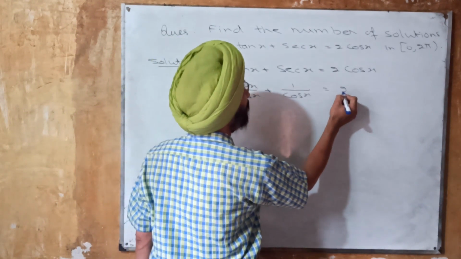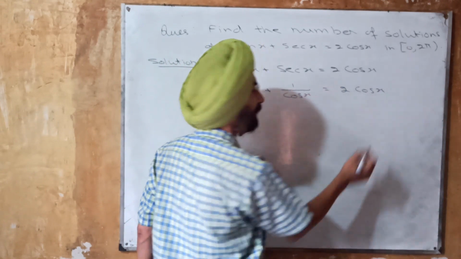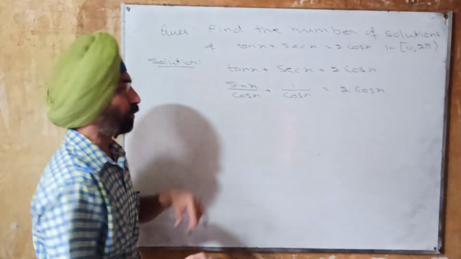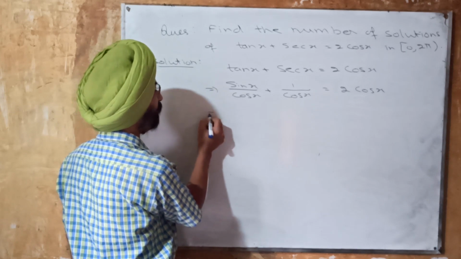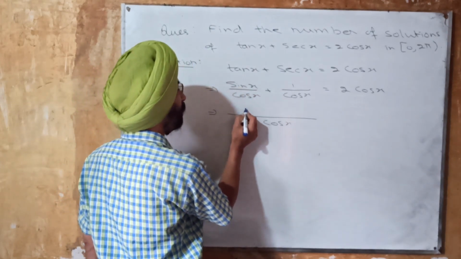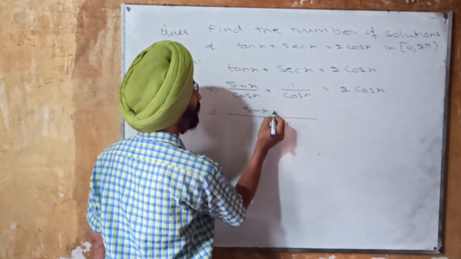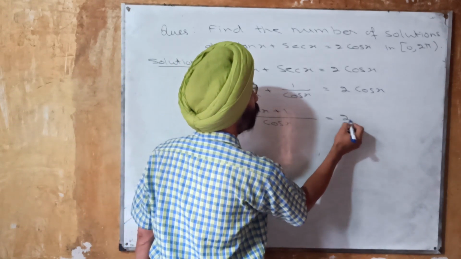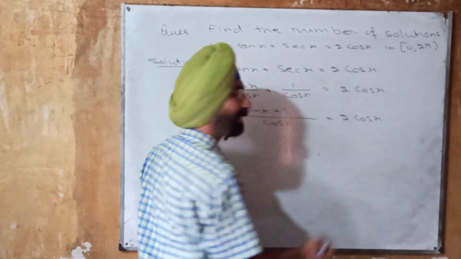On the right hand side it is 2 cos x, and now take out the LCM of these two. So taking the LCM, you will get cos x here, sin x plus 1 in the numerator is equal to 2 cos x on the right hand side.